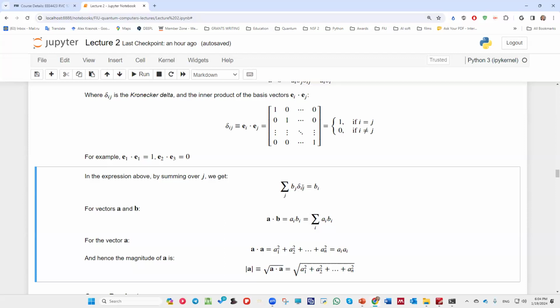For any given I, the Kronecker delta will be 0 except for j equal I, which means I can simplify the summation and simply write the answer like bi. I simply replace the index j by index I here.